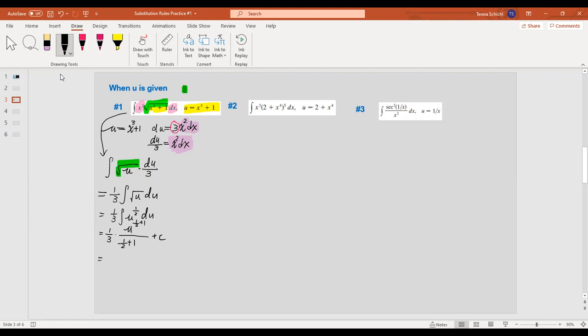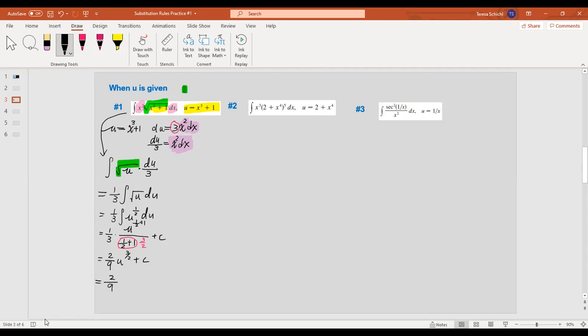So this will be 3/2, right? Now you flip, so the constant will be 2 over 9, and u to the 3/2 plus c, right? Then don't forget, what is the last step you need to do?